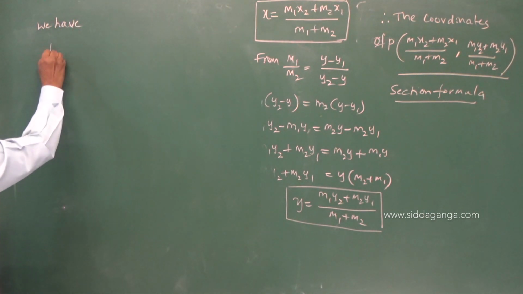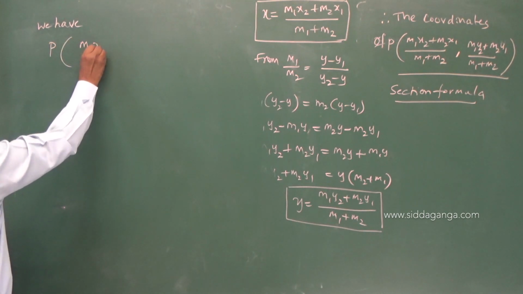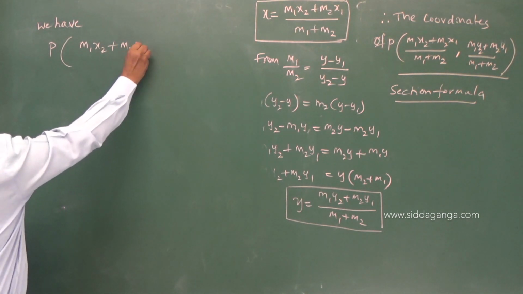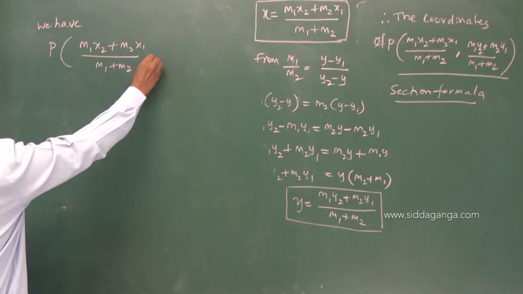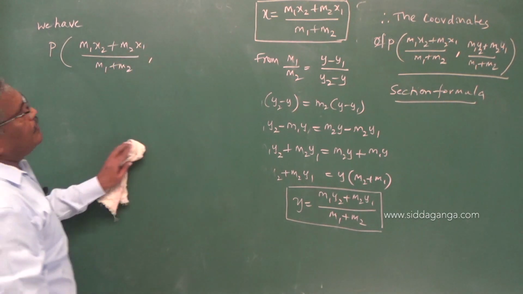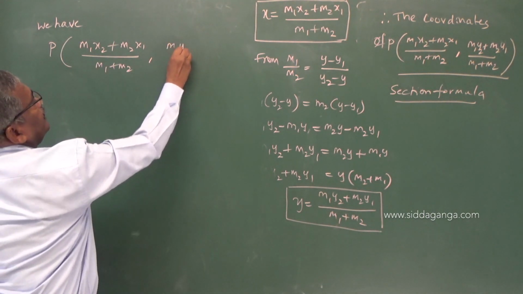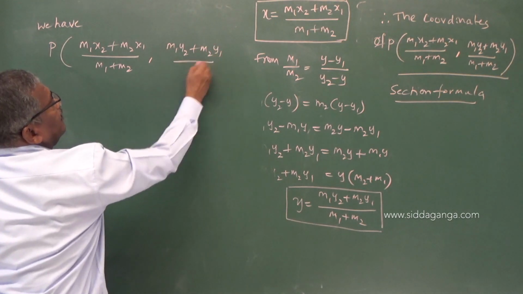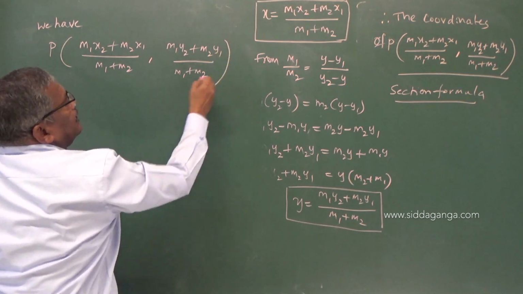We have the coordinates of P: M1 x2 plus M2 x1 divided by M1 plus M2 is one coordinate, that is the x coordinate, and M1 y2 plus M2 y1 divided by M1 plus M2 is the second coordinate.